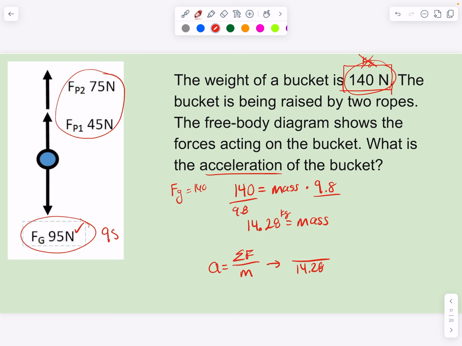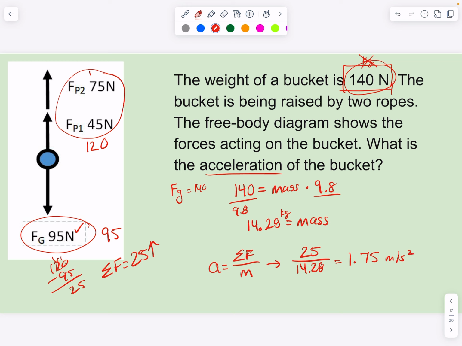So here I have 95, and here I have 10, carry the 1, 120. 120 minus 95 is going to be equal to 25. So my net force is actually 25, and we're going in the positive direction. So we're going to say 25 divided by 14.28. That's my net force divided by the mass, which gives me 1.75, and we're going to say meters per second squared.